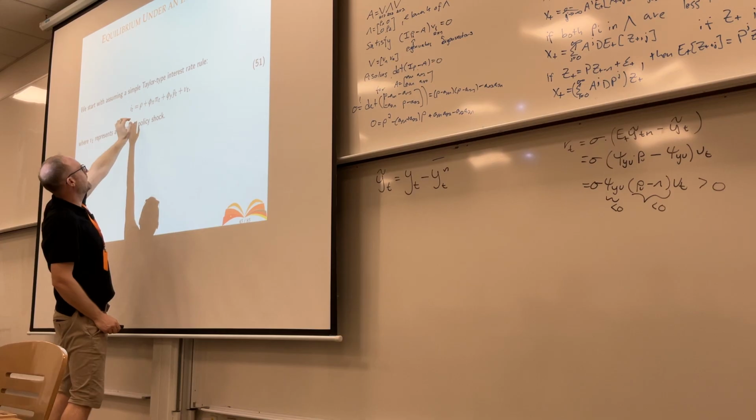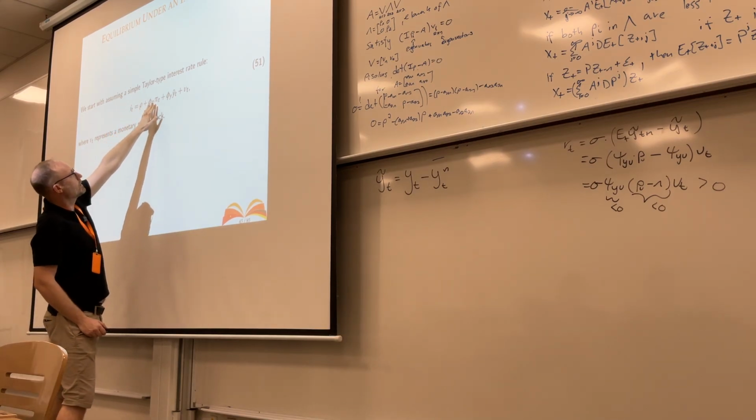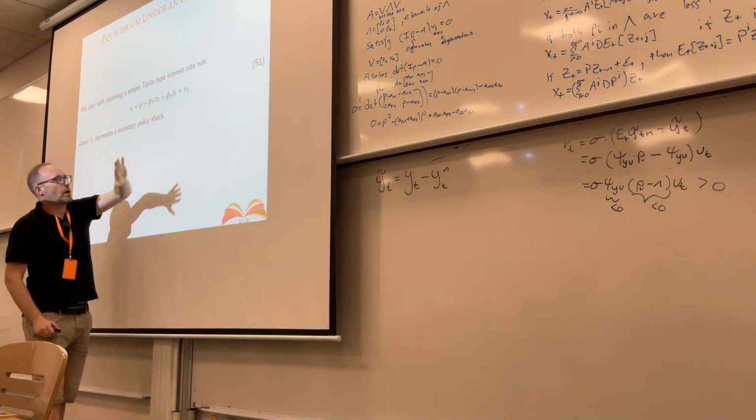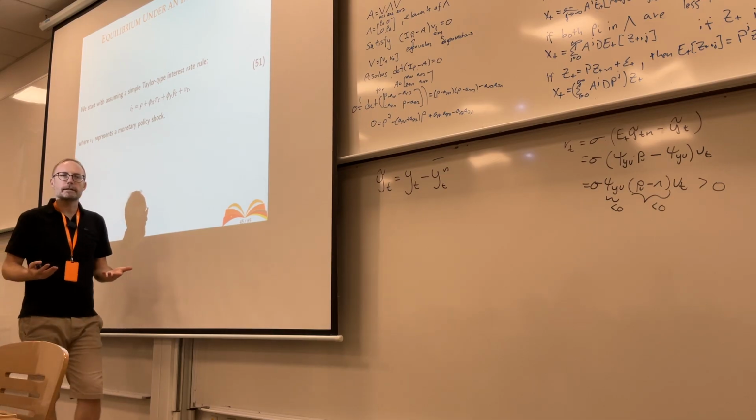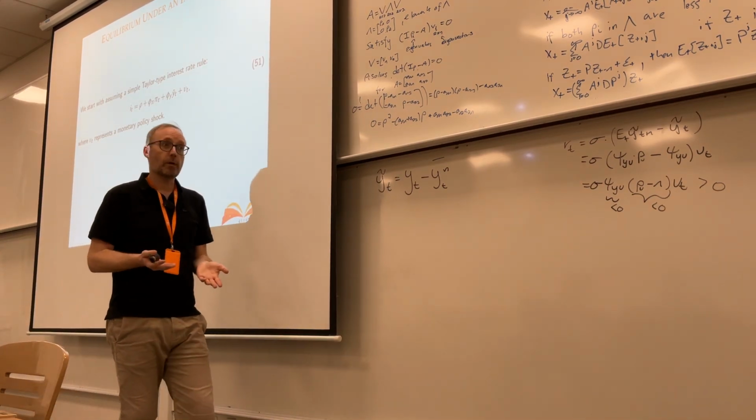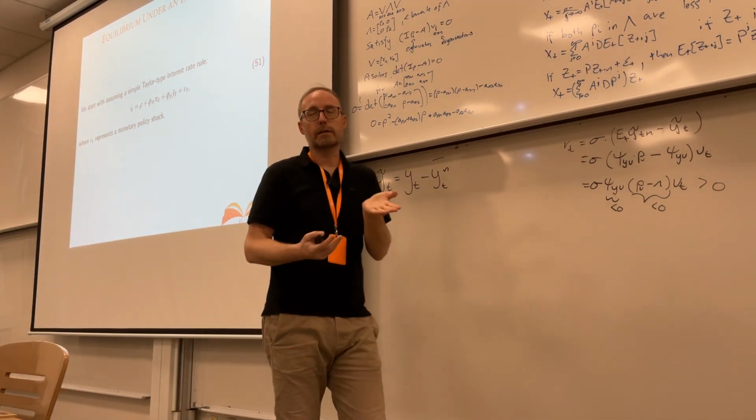In the first round, it would lead the interest rate to go up. In response, the interest rate going up reduces demand, reduces inflation, which would tend to push the interest rate down. So that's called a general equilibrium effect. Right? And these general equilibrium effects can go in the same direction or in the opposite direction.